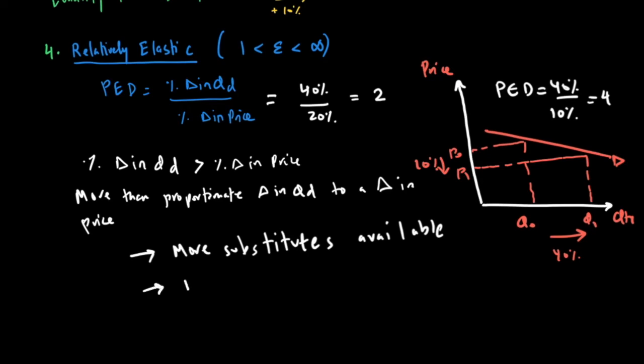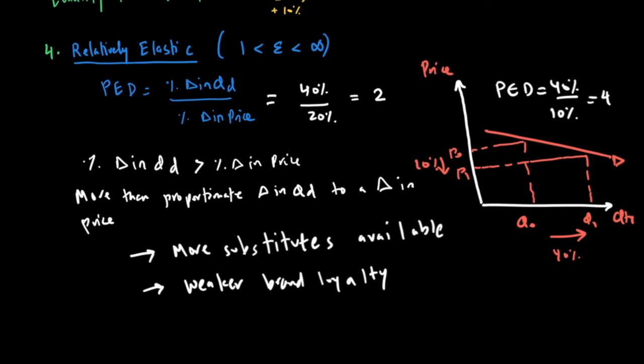There is a weaker sort of brand loyalty, and as a result, people don't find it difficult to switch when the price of a good is going up, making the good more responsive to a change in price.